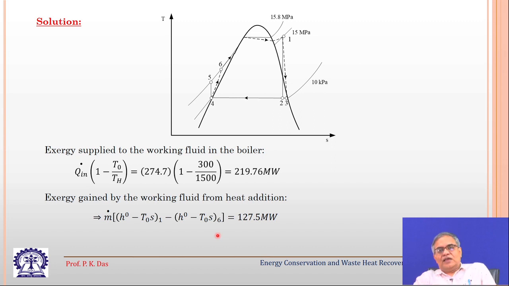Let me tell you one thing: the boiler is one component in a thermal power plant where there is a good amount of exergy destruction. This is an example where we can see this. Though we have not considered the actual process of combustion etc., even then, from the given data, the exergy destruction in the boiler is very clear, and this is something one can remember or appreciate. All right.